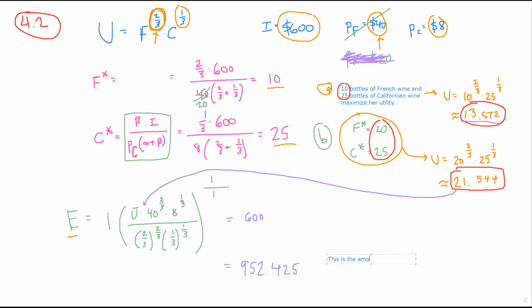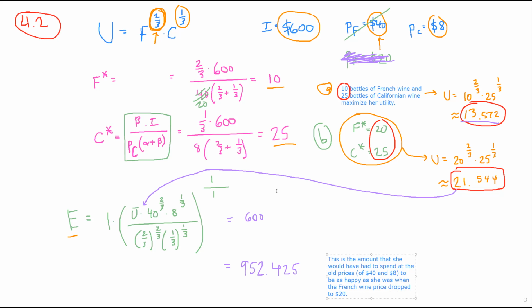So let's say this. This is the amount that she would have had to spend at the old prices of 40 and 8 to be as happy as she was when the price dropped. Let's say the French wine price dropped to $20.